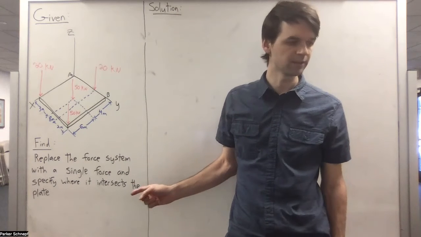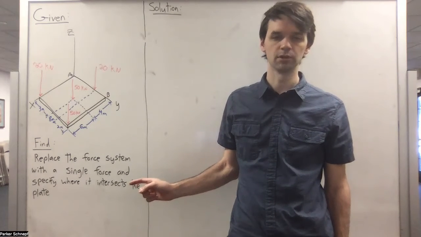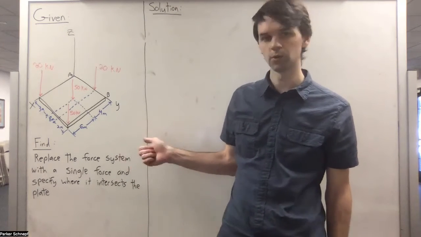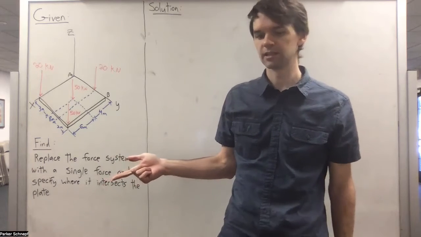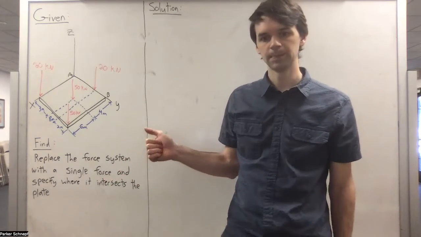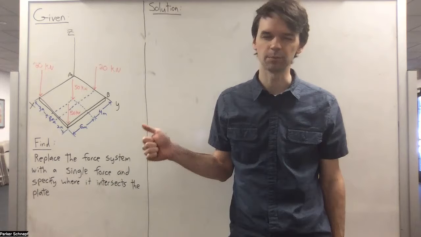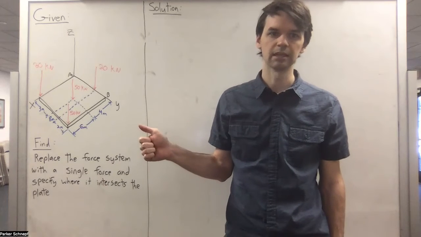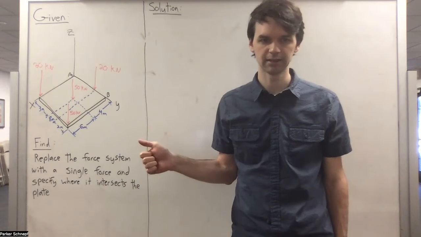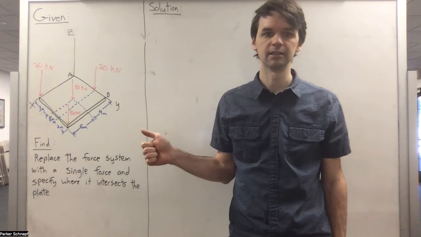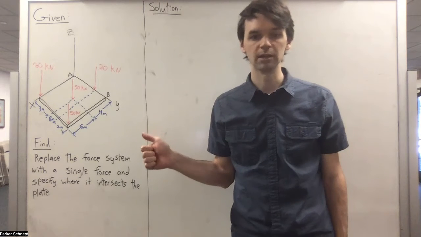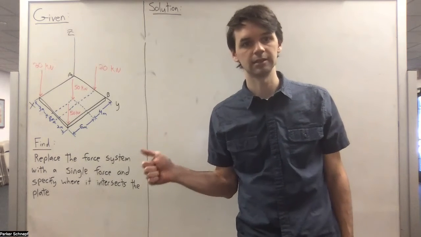intersects the plane. So in 5.1, we were replacing the system with a force and a couple. And in here, instead, we're going to replace with a single force, and we're going to place that force in a specific spot so that the resultant moment is the same.